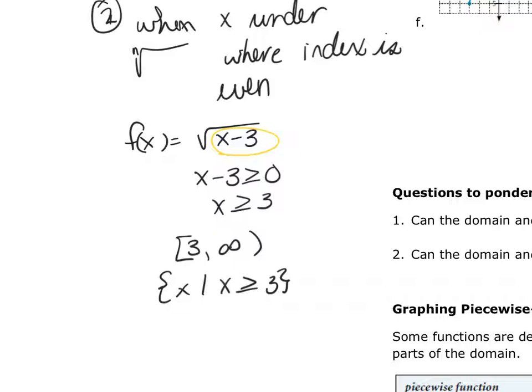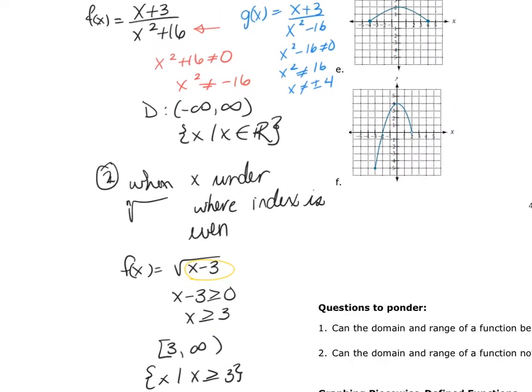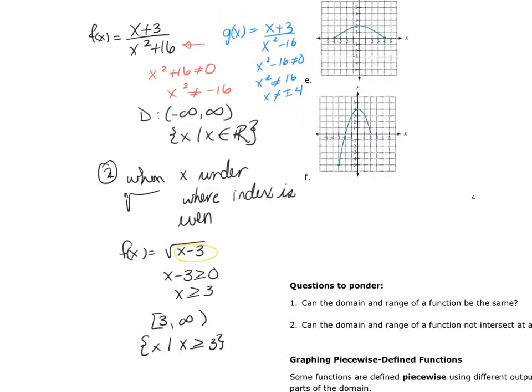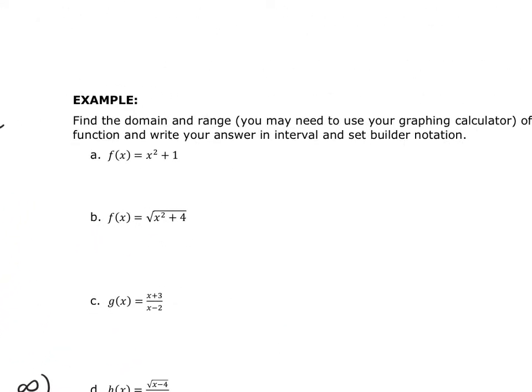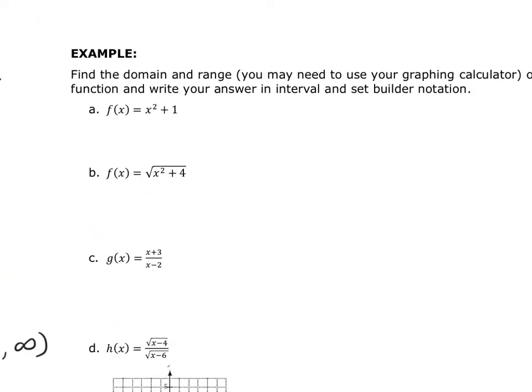I'm going to pause the recording, and I'm going to let you look at everything that we've done. Do it this way. And then I want you to ask me any kind of questions you have. So since there are no questions, we're going to go back to these. And I believe I did D. So if you all, on your pieces of paper, could do A, B, C, please.